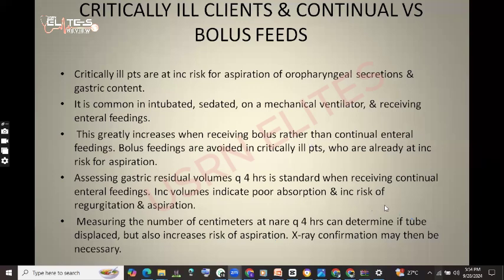For that matter, even with continual feeding, when that continues for some time, patients can still aspirate. That is why we need to do a residual volume check every 4 hours.